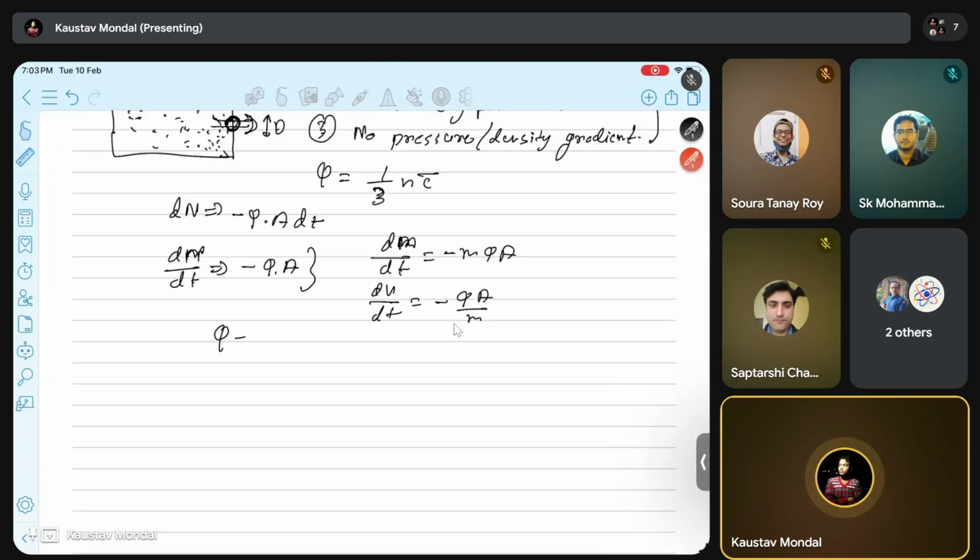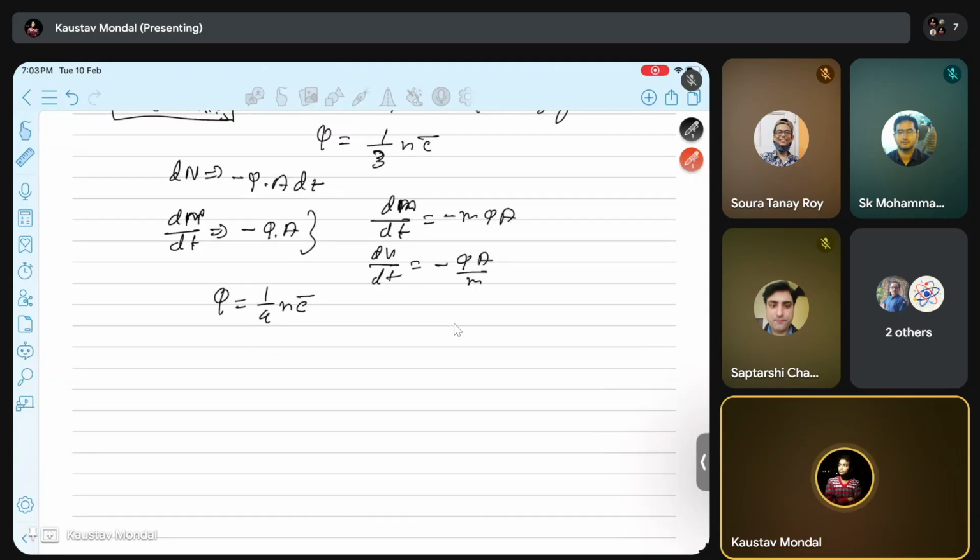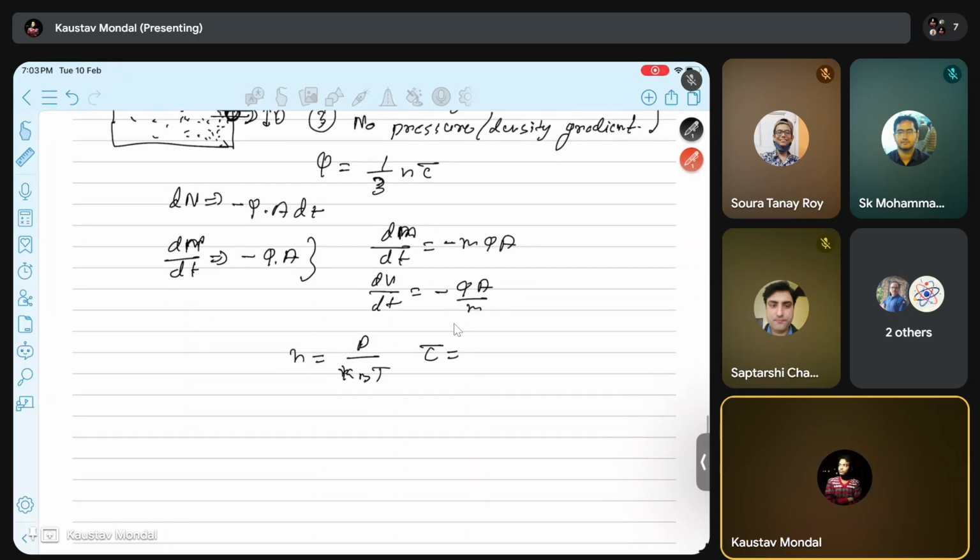So phi is basically given by 1 by 4 n c bar. You also know the expression of n, that is p by kBT, and c bar is root of 8 kBT by pi m.